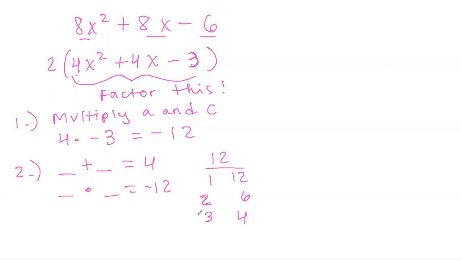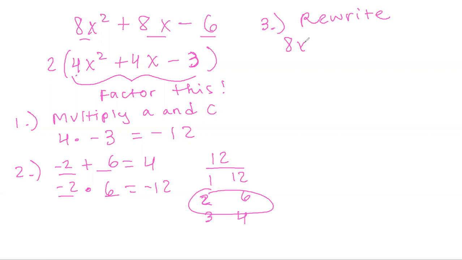And I think the pair that could work to give me 4 when I add them is 2 and 6. So I'll have negative 2 plus 6, negative 2 times 6. This is where I rewrite. And I have 4x squared, replace the 4x with the negative 2x and the positive 6x. So I have negative 2x plus 6x minus 3. And then at this point, I'm going to factor by grouping.